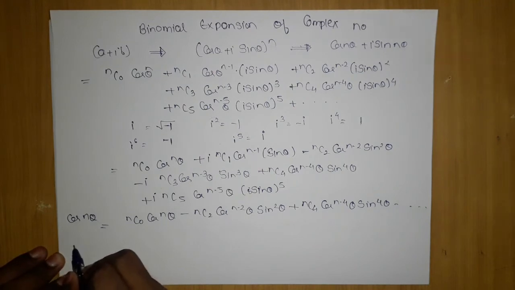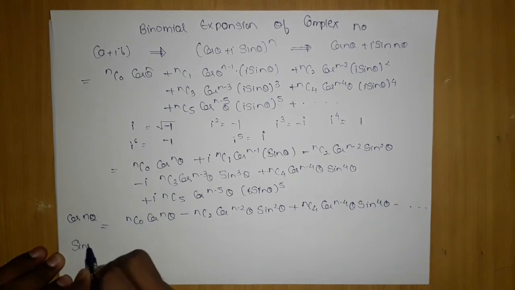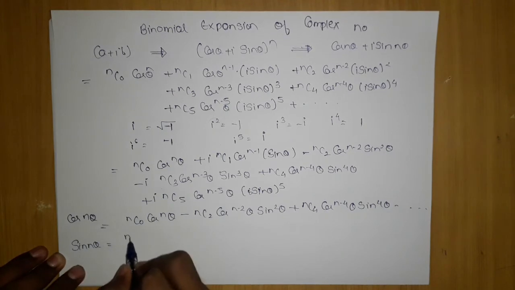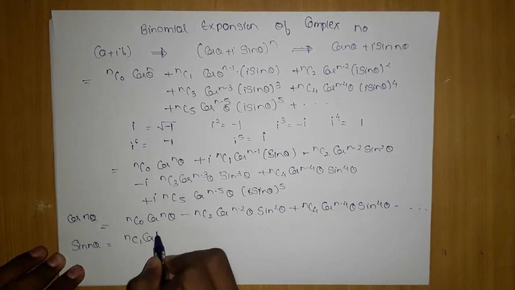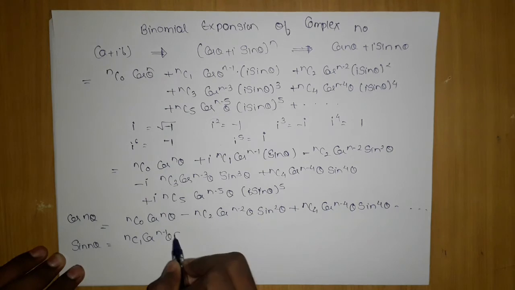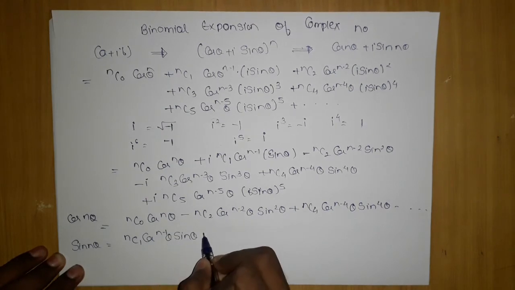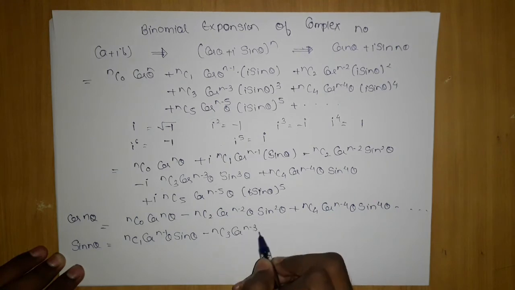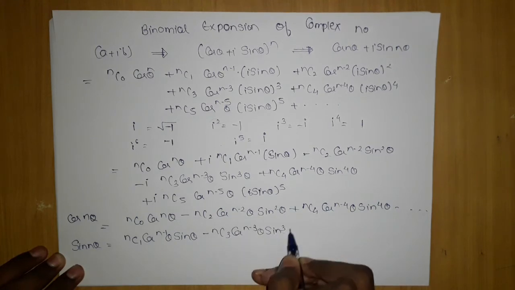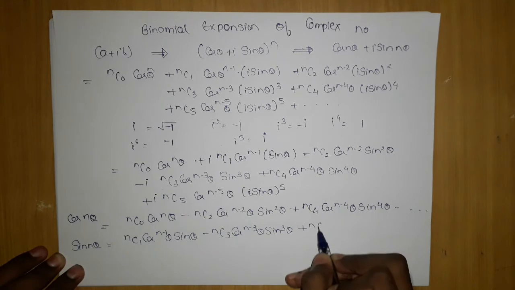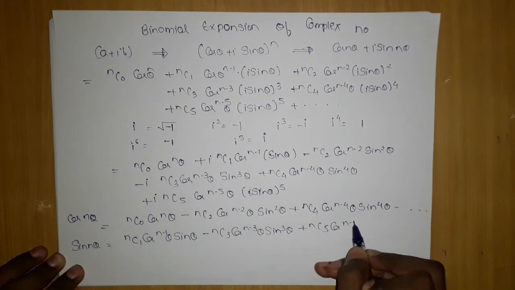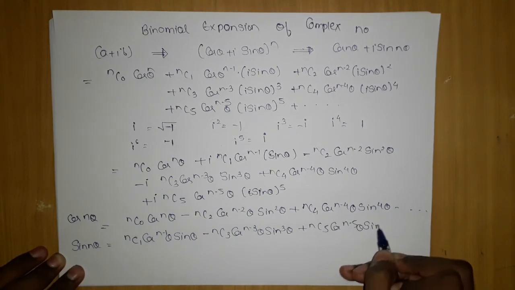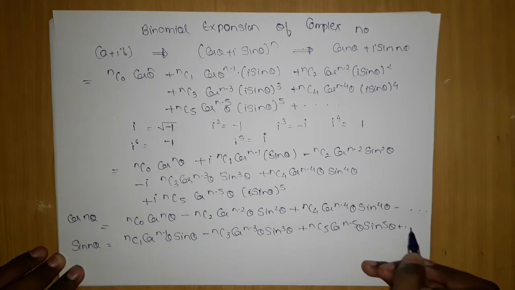Similarly, the imaginary part should be equal to sin nθ, which is nC1 cos^(n-1) θ sin θ minus nC3 cos^(n-3) θ sin³ θ plus nC5 cos^(n-5) θ sin⁵ θ, and so on.